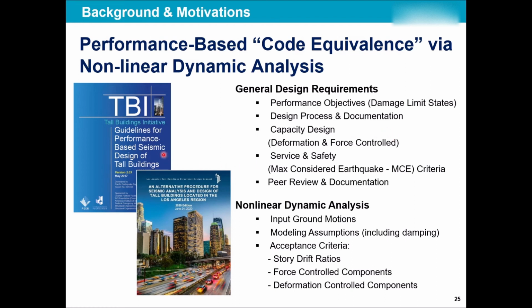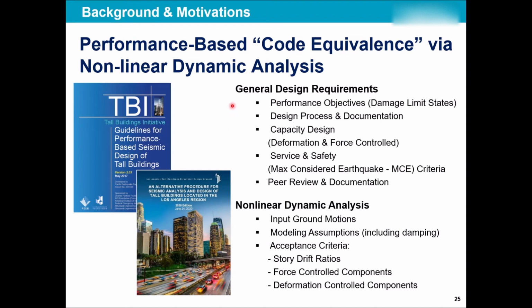For example, this is the Tall Building Initiative for 2017, or this edition of 2020 for Los Angeles tall buildings. All of these came up with proper solutions and solved the majority of the questions that people were asking for the first generation. The main differences are, some general design requirements were introduced: we will define properly the performance objectives.